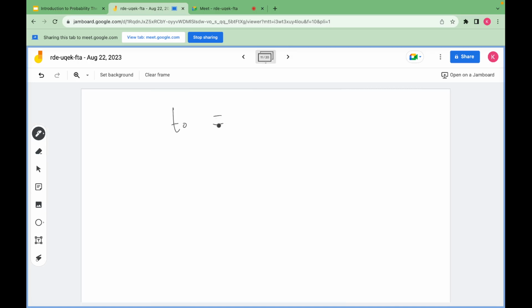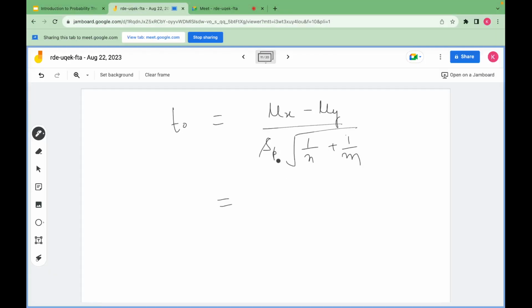So now we will calculate our test statistic, which is mu x minus mu y divided by SP into 1 upon n plus 1 upon m. This mu x, mu y are given. This is 91.73.